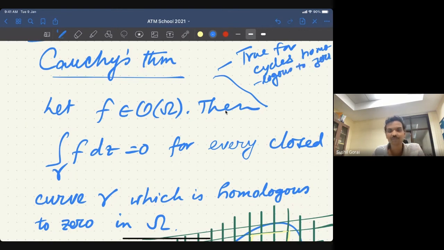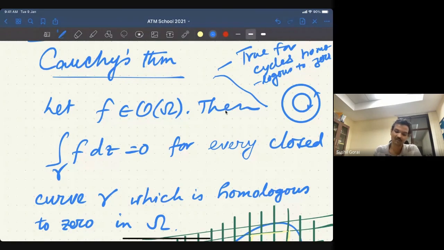That is just a union of certain closed curves, each of which has winding number 0, or the sum would have winding number 0. So this one would also work. You can go through the proof, and that would imply one can have a formula for, let's say, this annular type region. Suppose you have two curves, one is this, another is this, like this. So you can have the Cauchy integral formula.